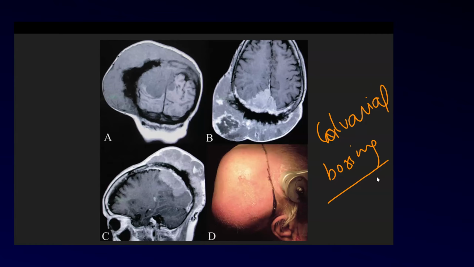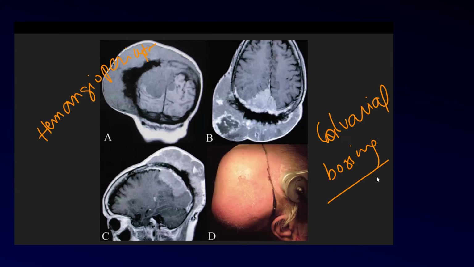We do not usually see it. I have seen one case with calvarial bossing, but it was of hemangiopericytoma. The patient came with a huge head that looked like this, with significant bossing and significant bony involvement.